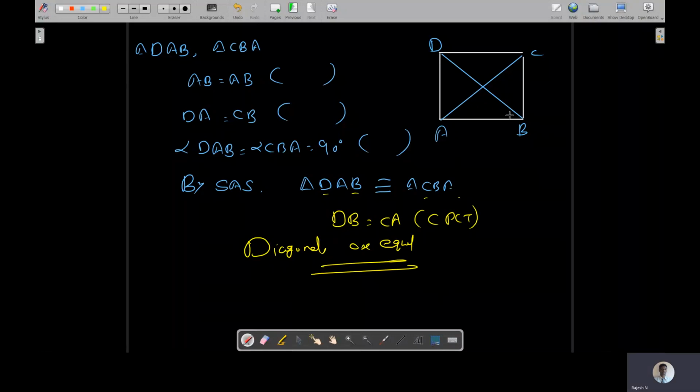now this is like this. Triangle AOB and triangle AOD. You have to take it.